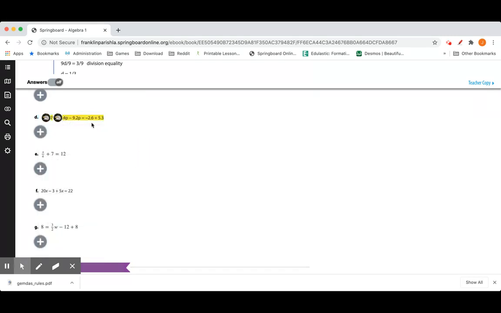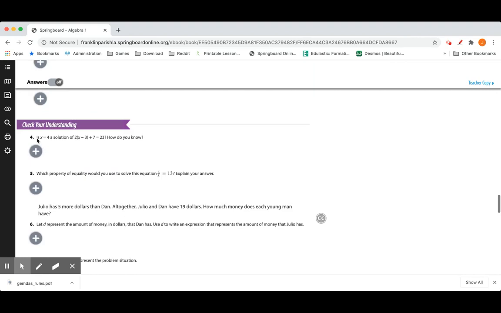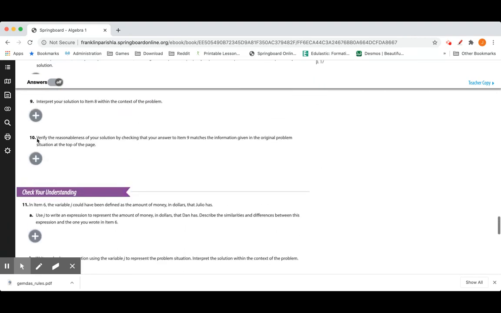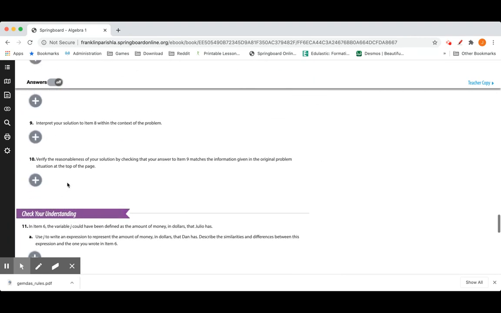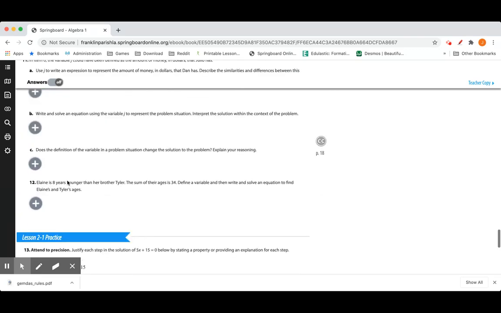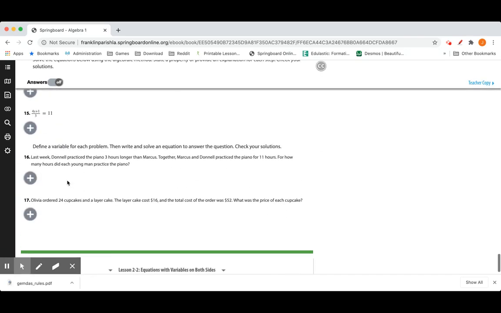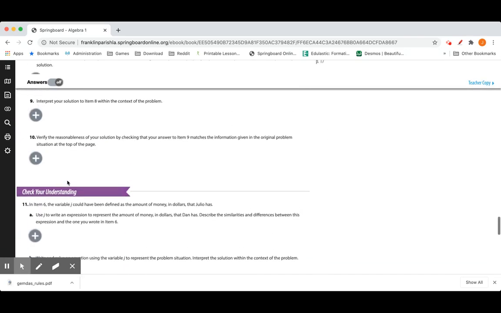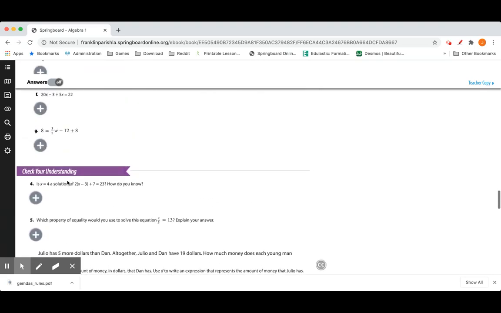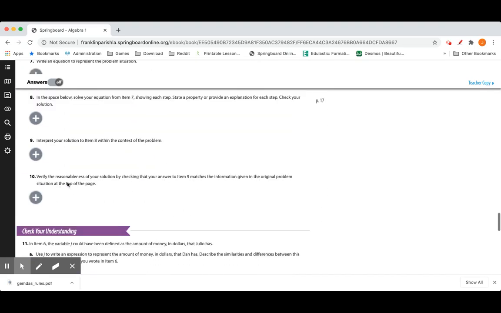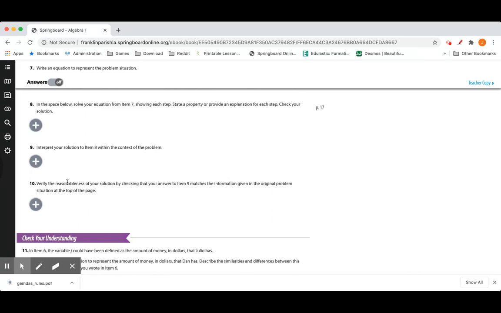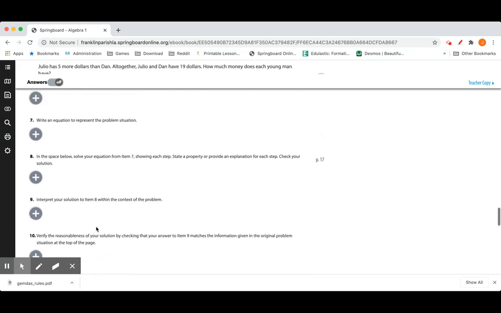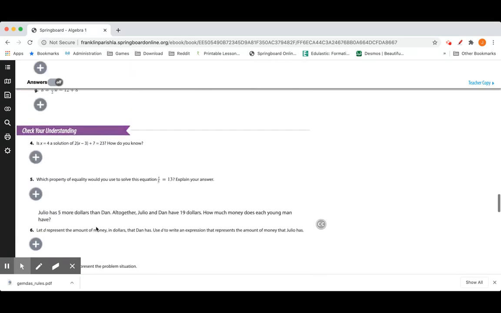I don't know how to take that out. But do try D through 10 just for today. If you need more practice, you can continue on 11 through 17. But I think if you can get D through 10, you should have a fairly reasonable understanding of the process for today.